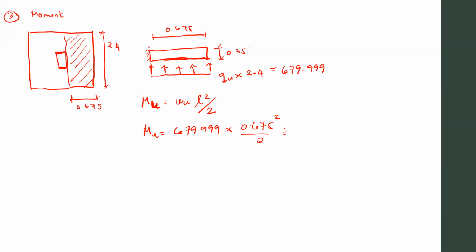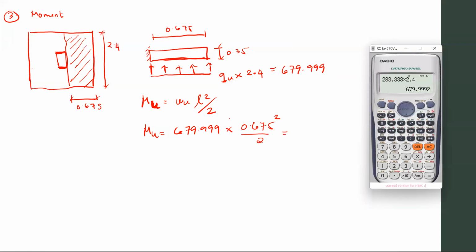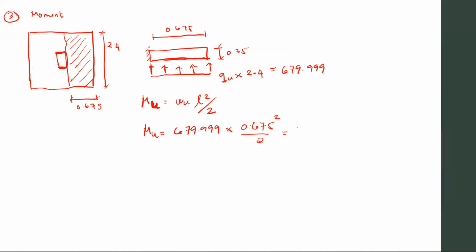Therefore, your moment is equals to 679.999 multiplied by 0.675, okay, squared divided by 2, you get your 154.912 kilonewton meter. Okay? So yan yung ating ultimate moment.